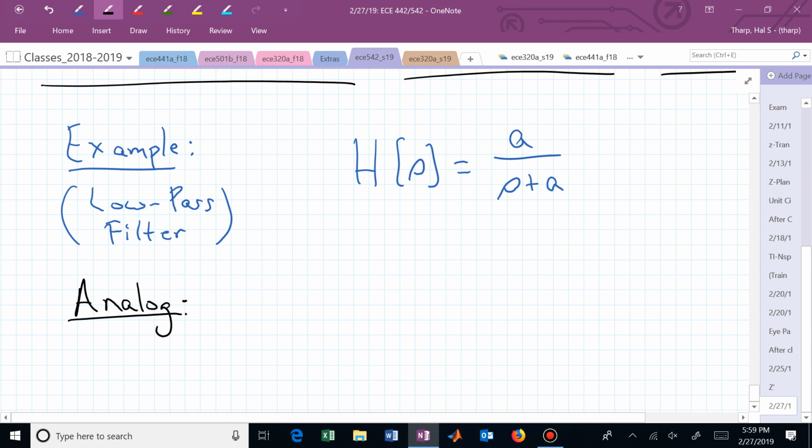In our analog setting, where's our pole? And this is not difficult. That's at minus a. There's the pole of our low-pass filter. Do we have a finite zero? Do we have a finite value of s that causes H of s to vanish or to equal 0? No. So there's no finite zero.